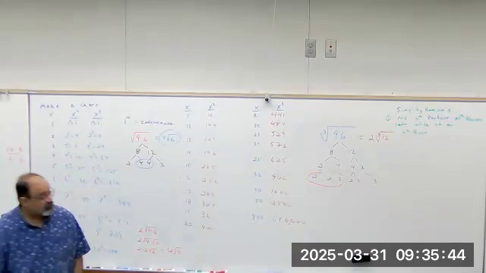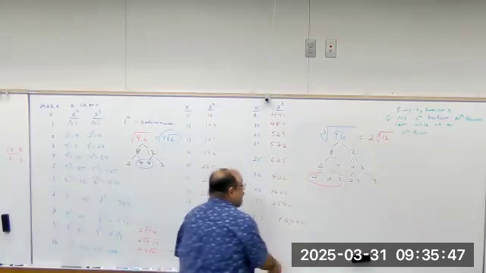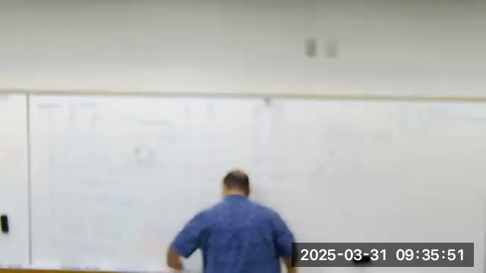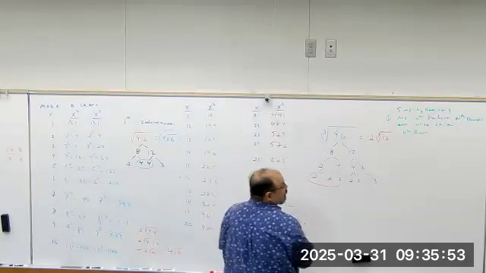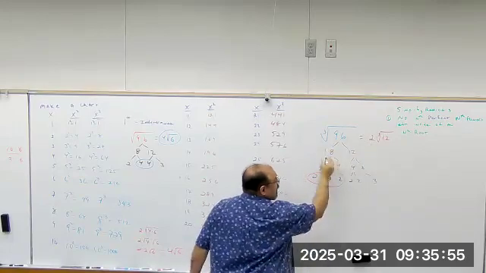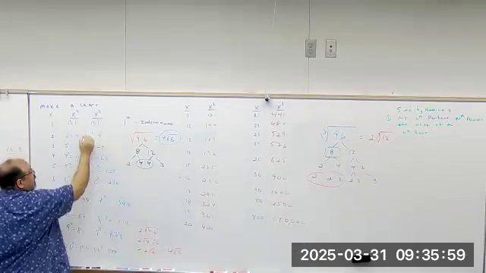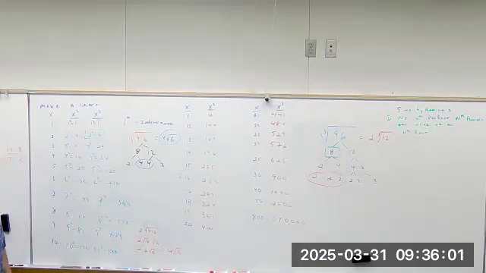Which is kind of important as you take a look at what did break out. The 2 that broke out right here came right from the 8, because 8 is a perfect cube, 2 to the 3rd.